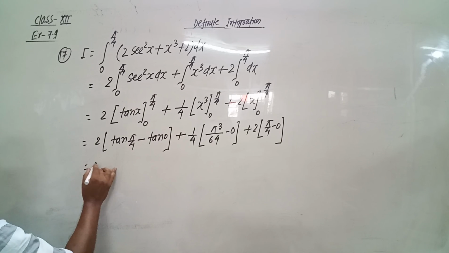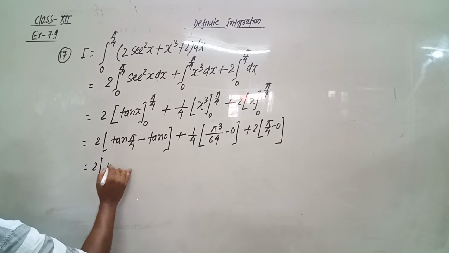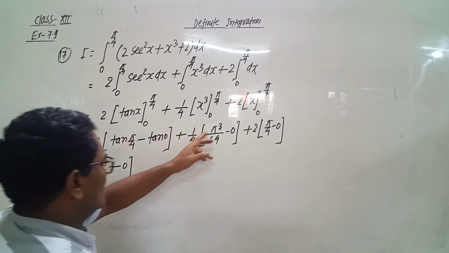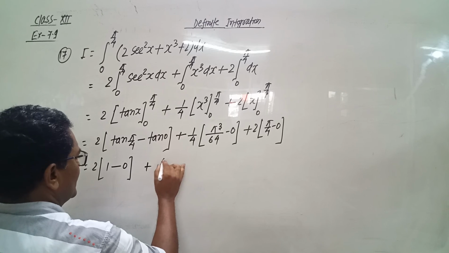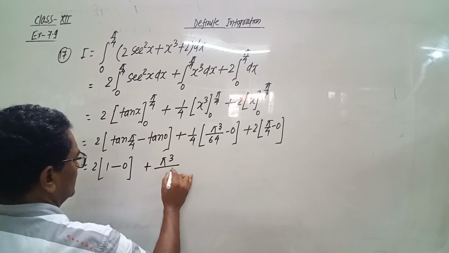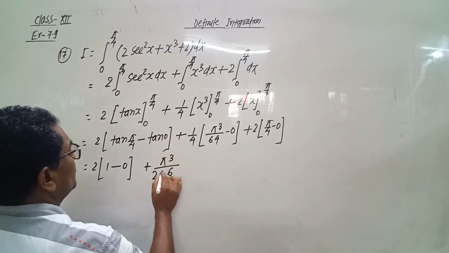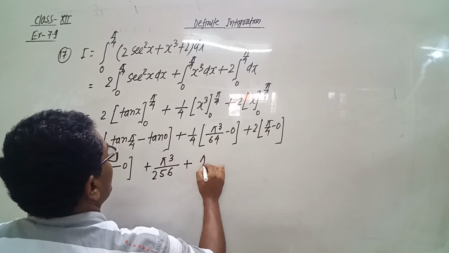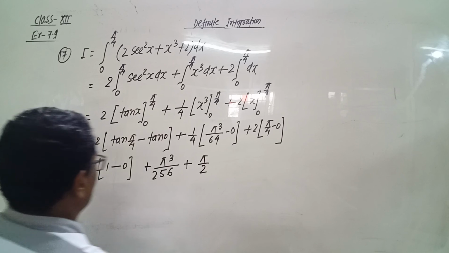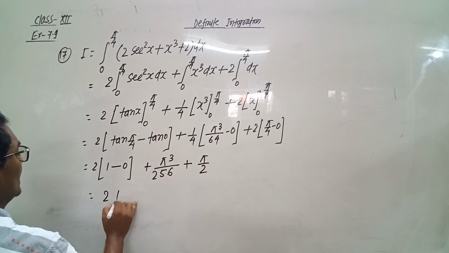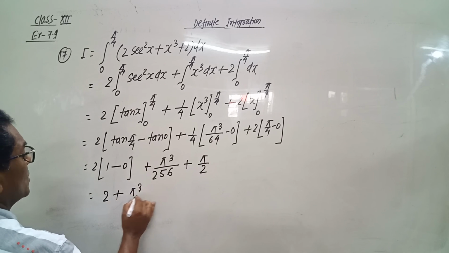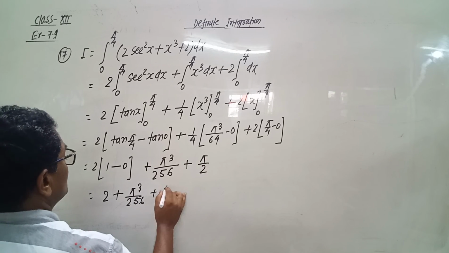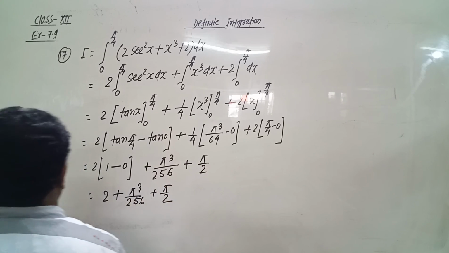Then the value of tan pi by 4 is 1 and the value of tan 0 is 0. This becomes pi cube upon 256, and plus 2 multiplied by pi by 4 we get pi by 2. So 2 plus pi cube upon 256 plus pi by 2. This is the result.